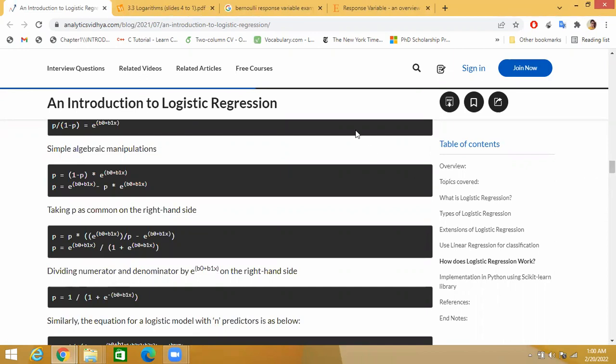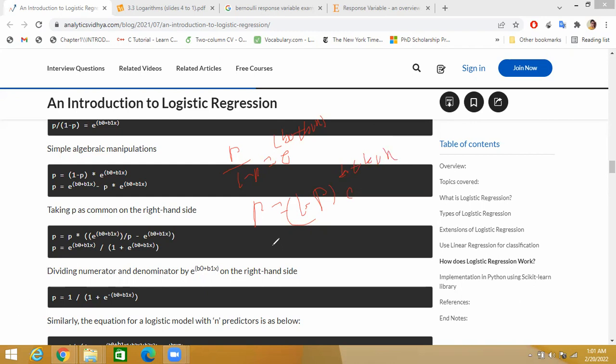We have p divided by 1 minus p is equal to e to the power beta naught plus b1 x. With cross multiplication, p is equal to 1 minus p into e to the power beta naught plus b1 x.